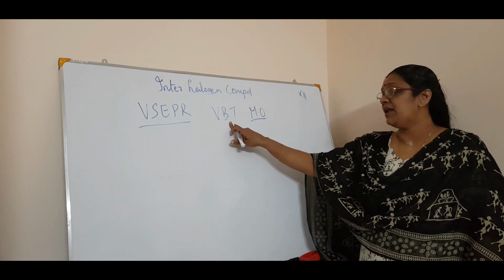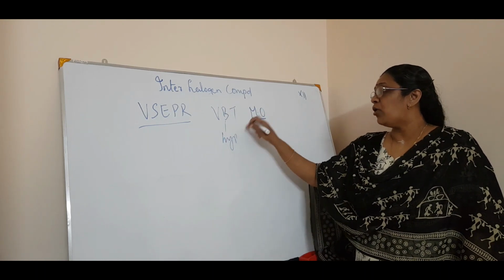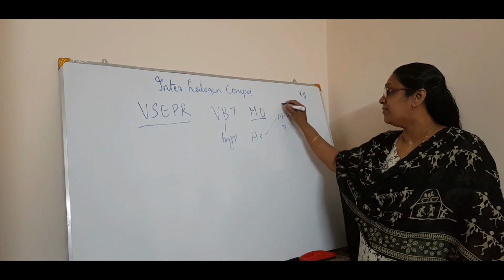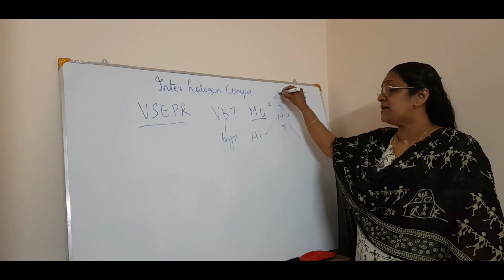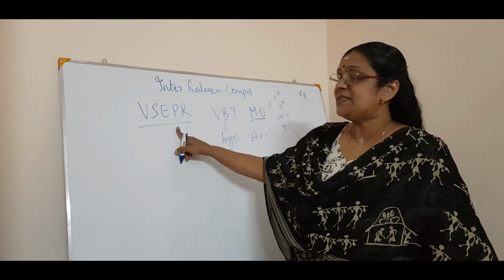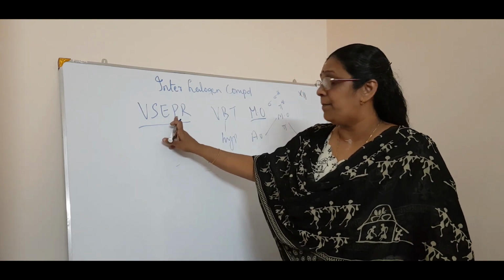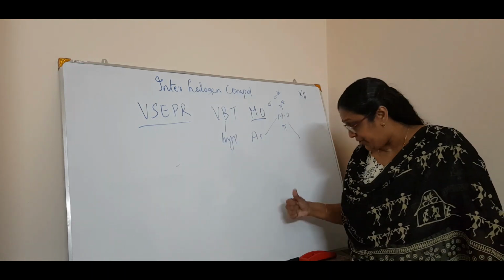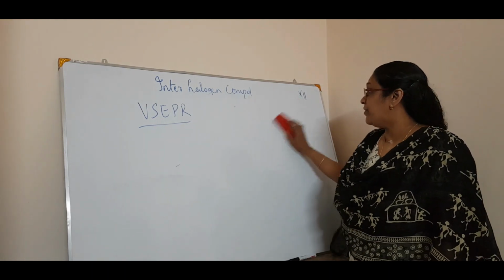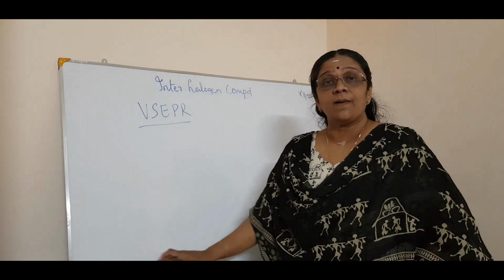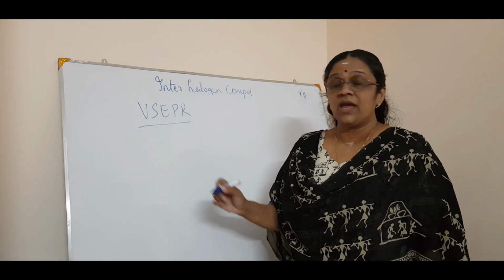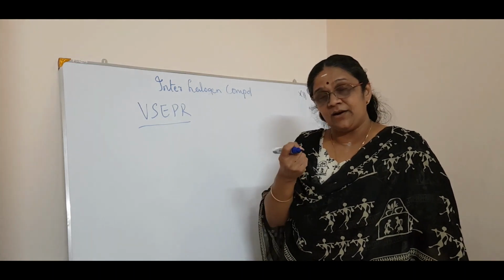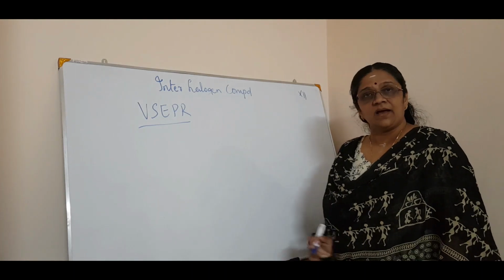VBT, valence bond theory, here hybridization comes; molecular orbital theory, that is atomic orbitals forming the molecular orbitals, pi star and sigma star, you are remembering? Bonding and anti-bonding. Now VSEPR theory is valence shell electron pair repulsion theory. So when you talk about the interhalogen compound structure, the structure is given by the VSEPR theory.